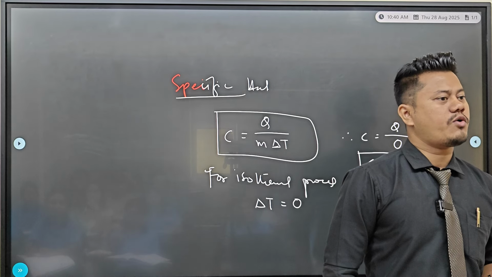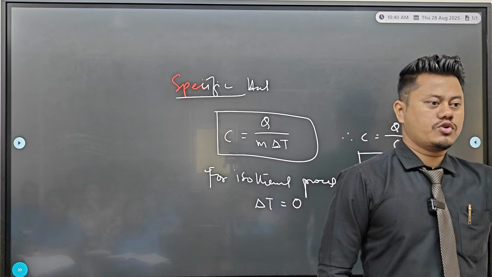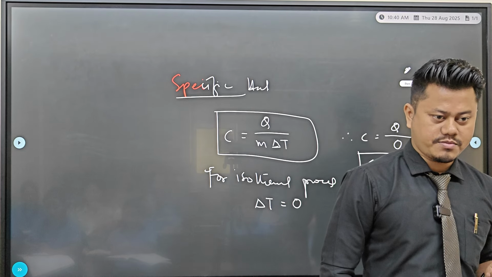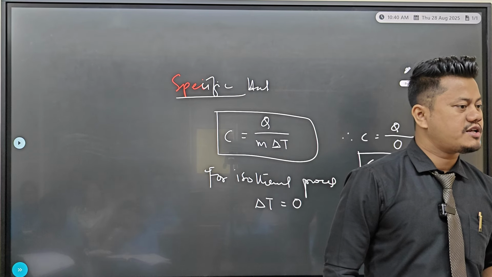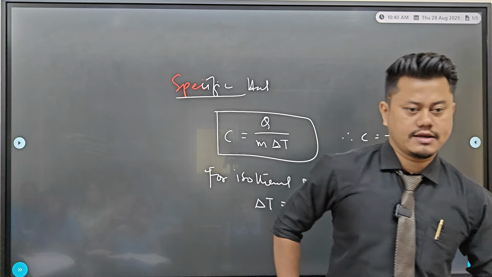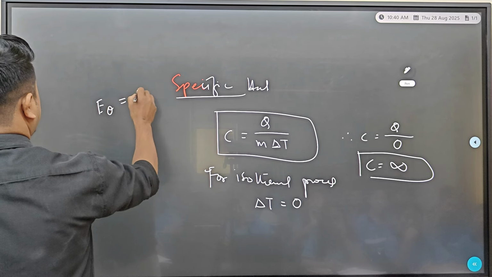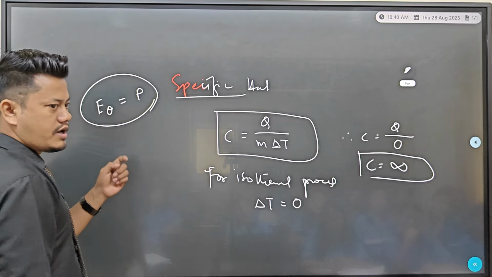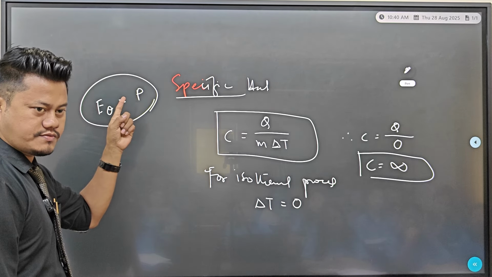Since we are dealing right now with the isothermal process, I'm going to mention again that very particular term, isothermal elasticity. It was denoted by E theta, yes? And isothermal elasticity E theta was always pressure P. Isothermal elasticity is always given by the pressure of the gas.